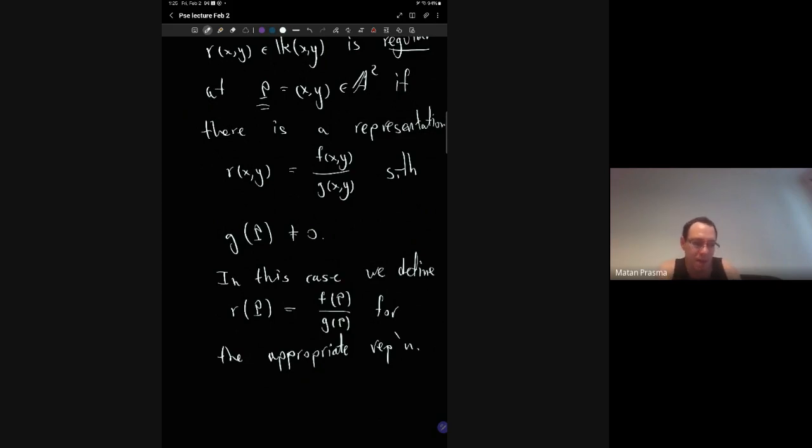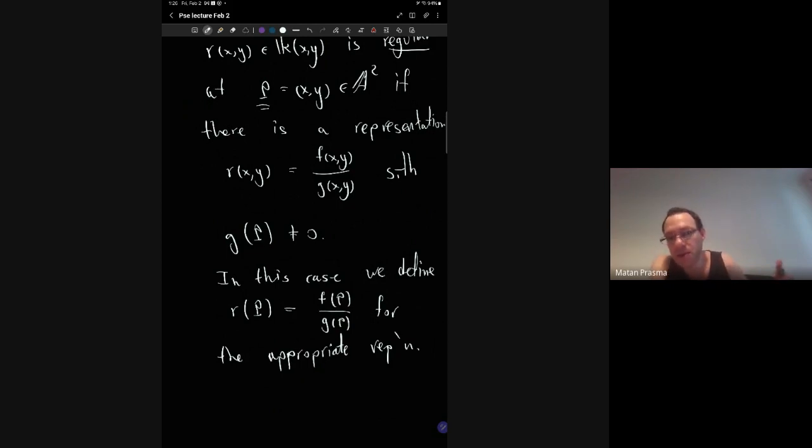And it's very easy to see that if in one representation G of P does not vanish, then in any other representation such that the denominator does not vanish at P, you get the same value.